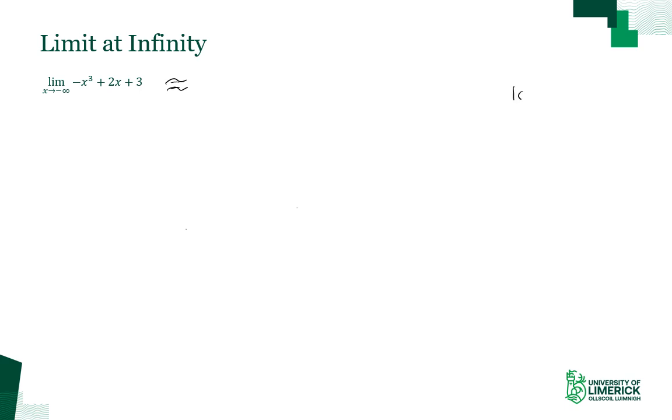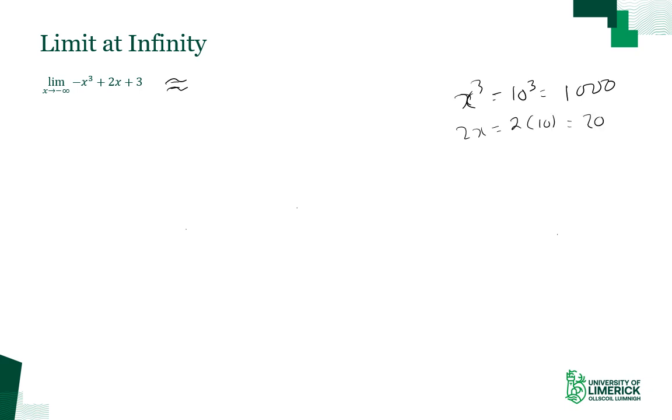Let's say you have 10 cubed, this is 1000, but the 2x is just 2 times 10, which is 20.